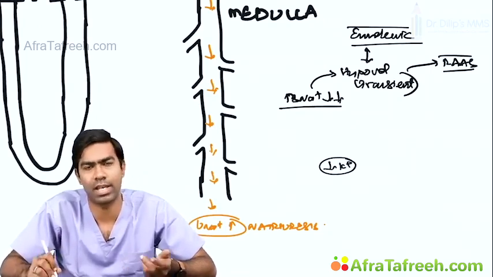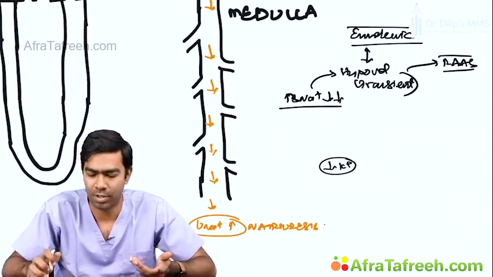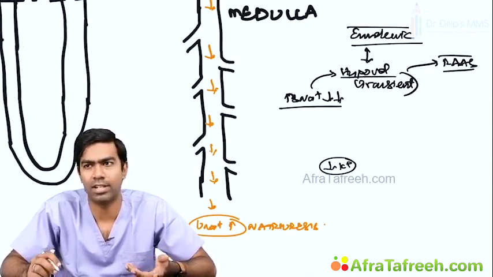Hypokalemia is possible with thiazide diuretics, but it's not significant because hypovolemia induced by thiazide diuretics is not that great, because the sodium lost is not that great. So RAS activation is not that great like loop diuretics. At the same time, the sodium delivery to the distal nephron is again not that great. It's only 7 to 10% under physiological condition. That much only the sodium chloride transporter is going to absorb. So that's why hypokalemia is there, but not as significant as that of a loop diuretic.